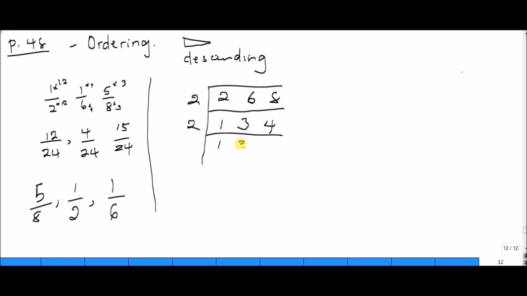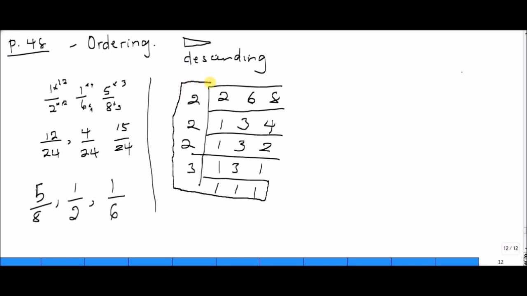Same thing applies for 3, but 2 could go into 4 2 times. We continue with 2, and it could go in there 1 time. Now we go to 3. 3 into 3 is 1. We draw our L on the outside to show we're finding the LCM, and we multiply everything on the outside.